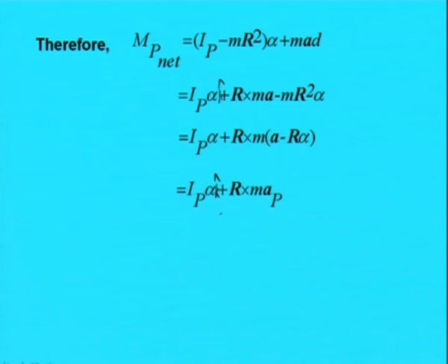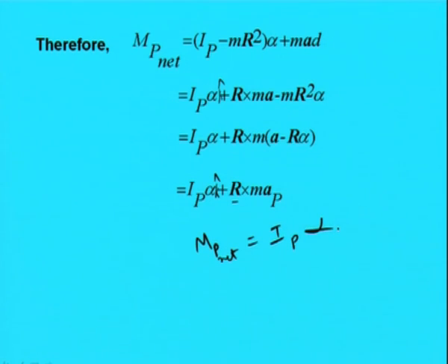You have the equation that Mp net is Ip times alpha plus R cross mass into acceleration product. Now if P is a fixed point, it is not moving, so this portion goes to 0.